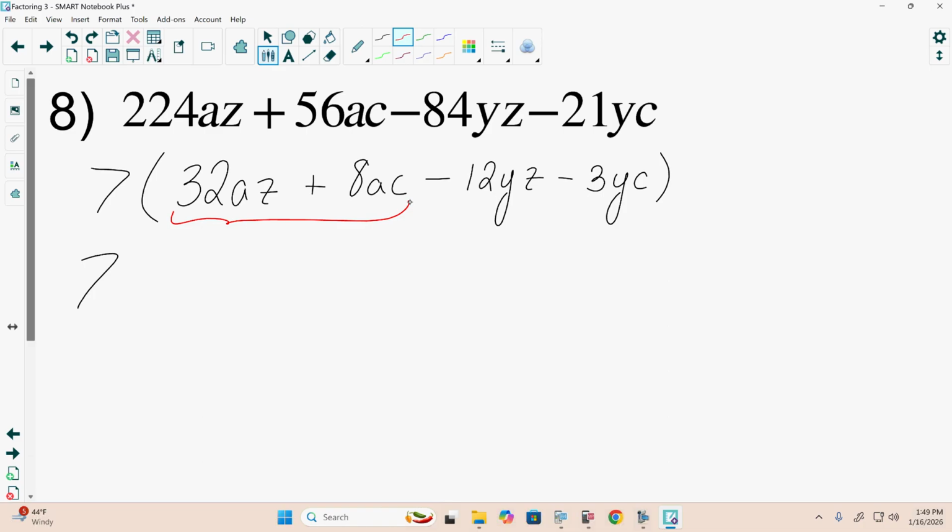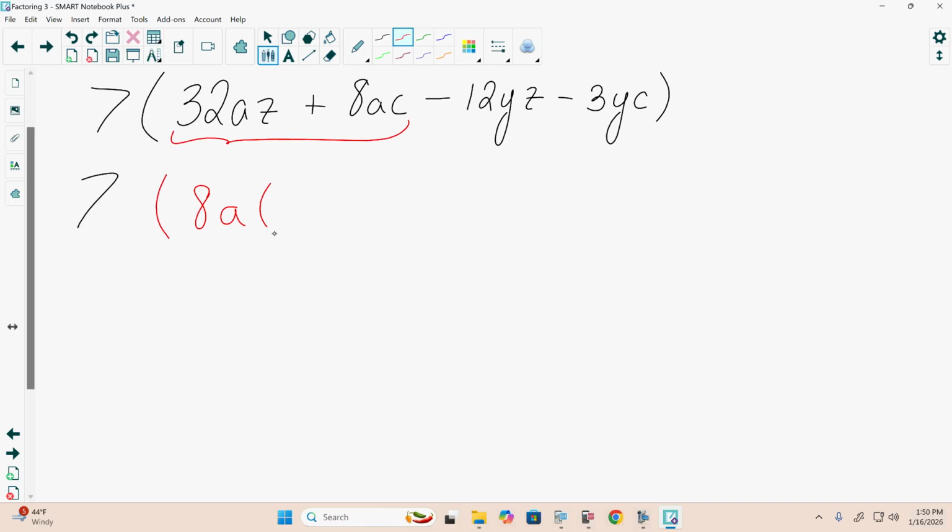So that means I can factor 8 out of both numbers. Is there anything else in common with these two here? Yes. The other term that's in common is a. That's the only other thing in common with these two terms.